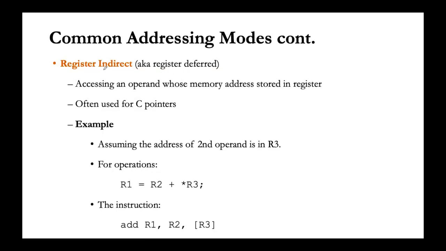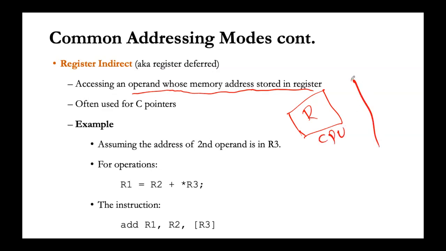Another addressing mode is register indirect, also known as register deferred. In register indirect, we access an operand whose memory address is stored in the register. The registers are in the CPU, but the operand resides somewhere in the RAM.